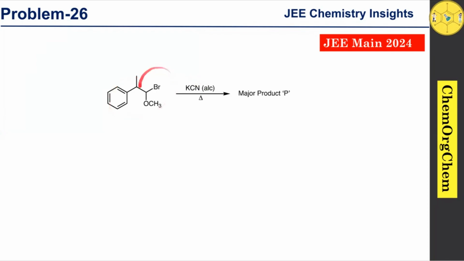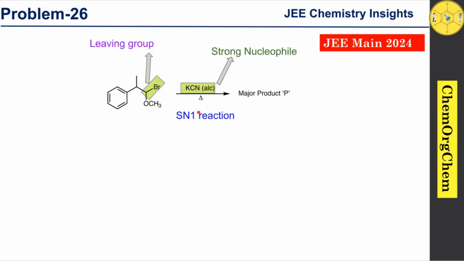Here the bromine atom acts as a leaving group, and potassium cyanide acts as a strong nucleophile. Therefore this reaction is SN1.